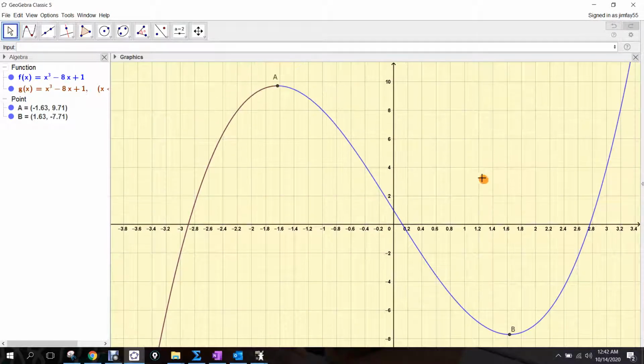All right, so what happens in calculus is that we want to talk about the slope of this curve at any particular point on the curve.